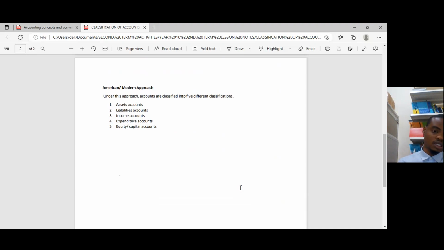We know what assets are, just like real accounts under the traditional approach. Liabilities accounts are what the business is owing to external individuals or external entities. Those are liabilities, income, expenditure, equity, that is capital.